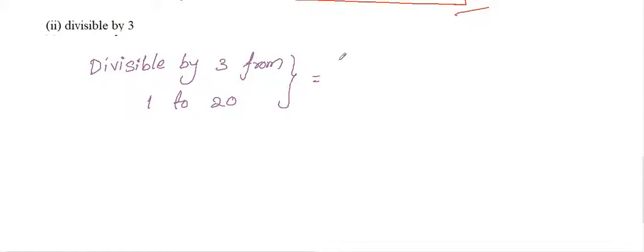So multiples of 3: 3, 6, 9, 12, 15, 18. So these are all the numbers which are divisible by 3 from 1 to 20.